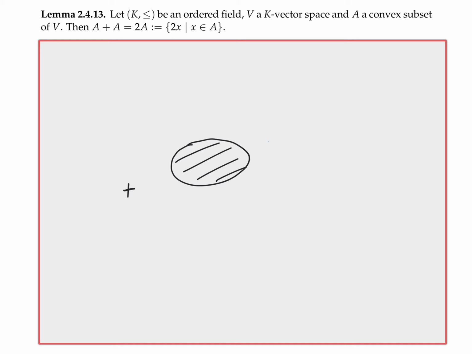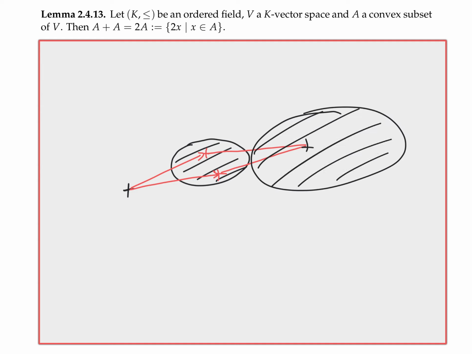And when I build A plus A, how do I get all elements of A plus A? Well, I take here an element, maybe here, and so this point, and then I take another one, so this point, and then let me do this parallelogram again, a parallelogram, and then I get here a point in A plus A. Right, and if I do this with all these, if I choose any two of here, then I get something like, perhaps something like this, right?